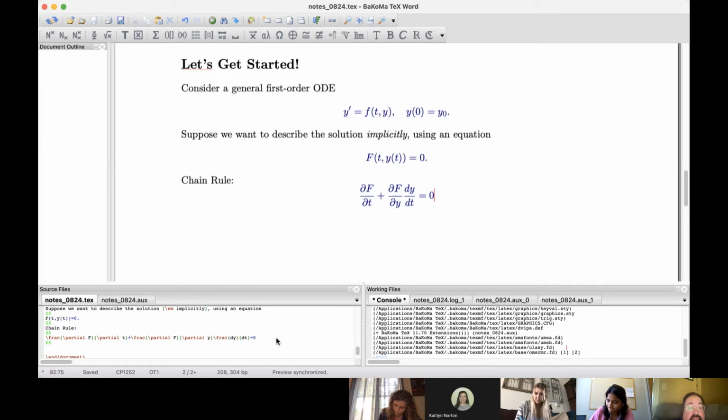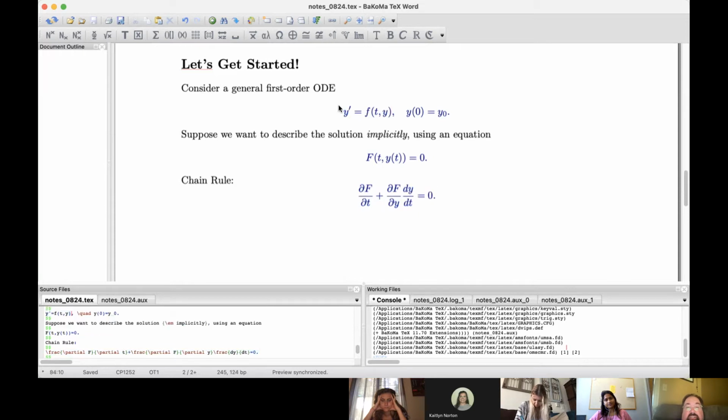So, all right. What I would like to do ideally is, since this equation has a dy/dt in it, and so does this equation, I would like to match these up in some way, so that from the known function little f, I could somehow figure out what the unknown function capital F would be.